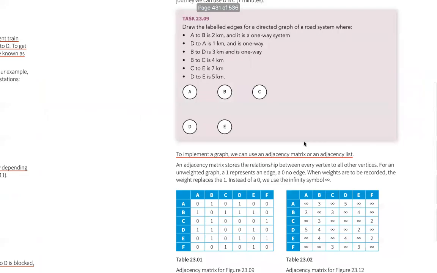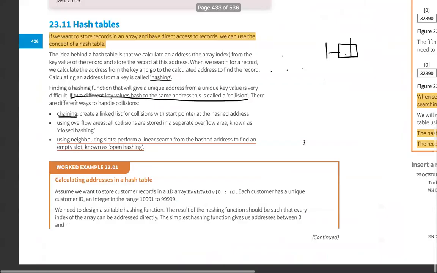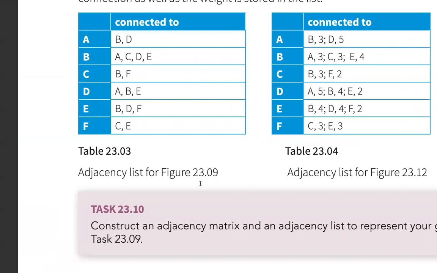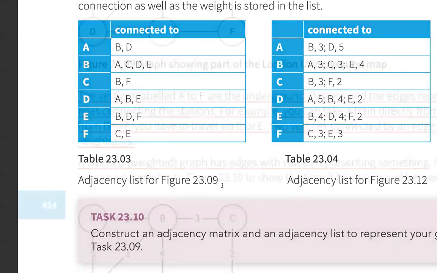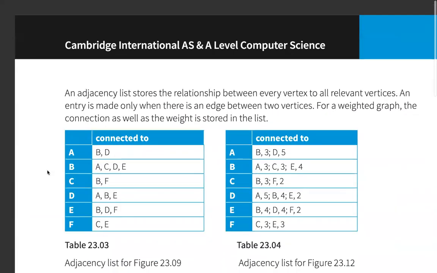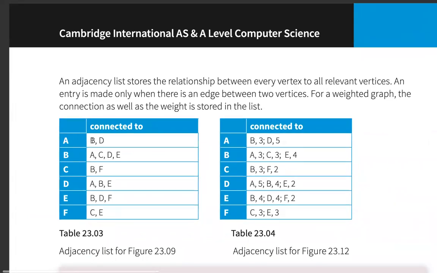Next is the list. Now, the list goes something like this. Again, for figure 23.09, which only mentions which paths directly exist between adjacent vertices, only the edges connected or not. As you can see here, there is a direct path from A to B and D only.